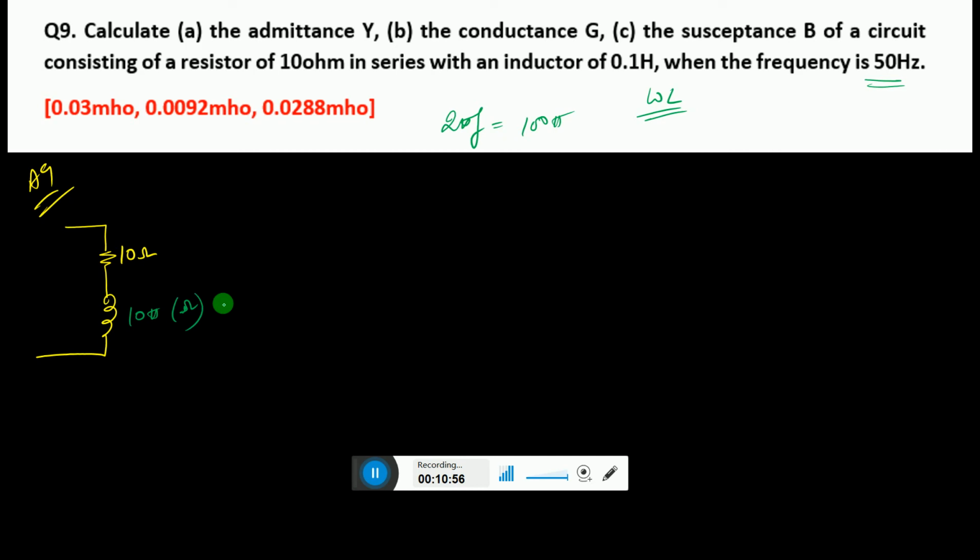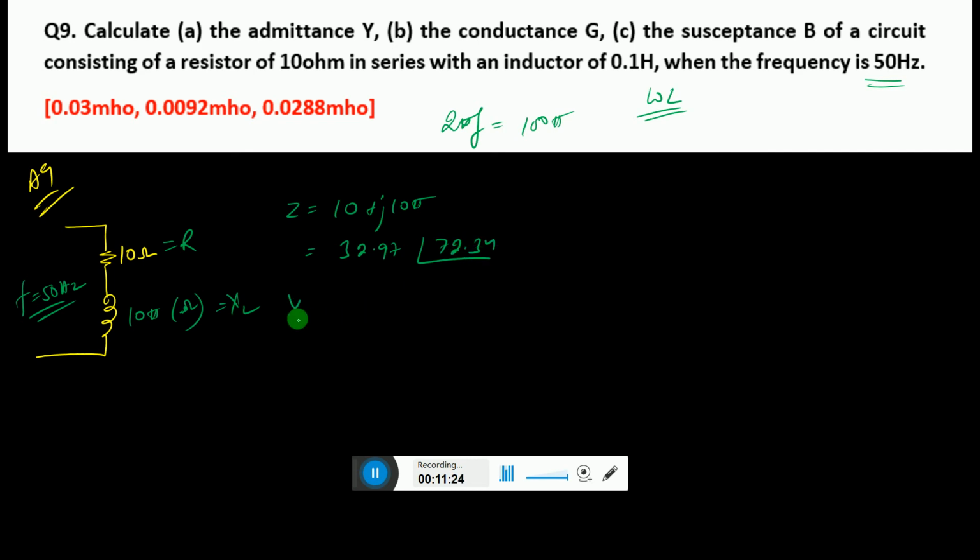So this is the value of XL we have, this is the value of R we have, and the frequency is 50 Hz. So obviously anybody can find the value of Z, which is equal to 32.97, angle 72.34.